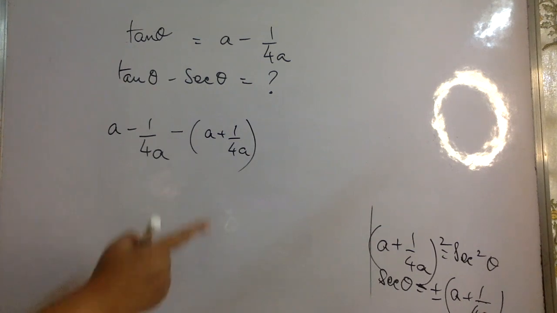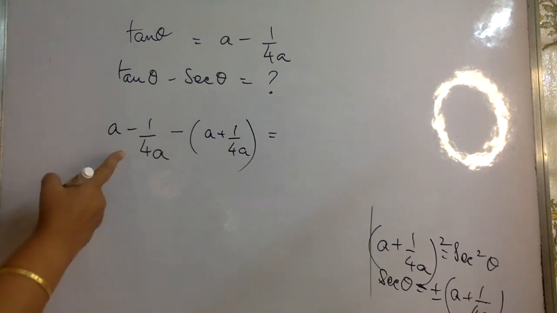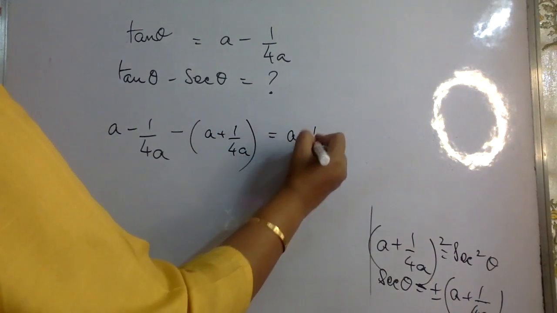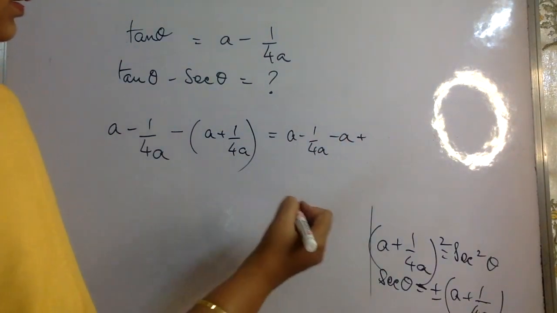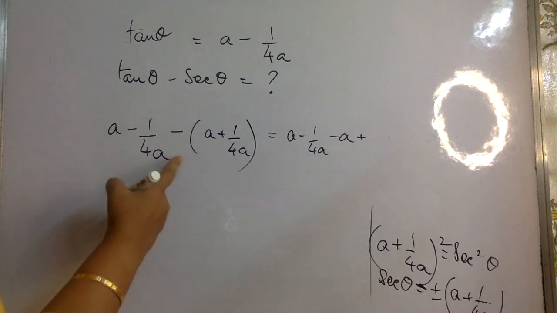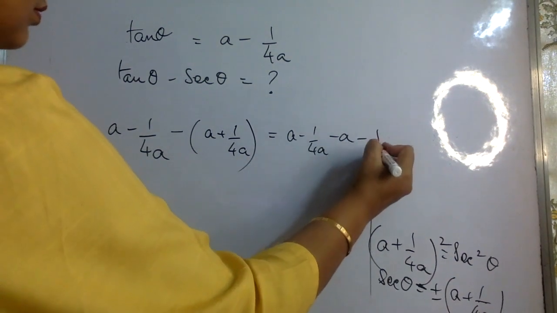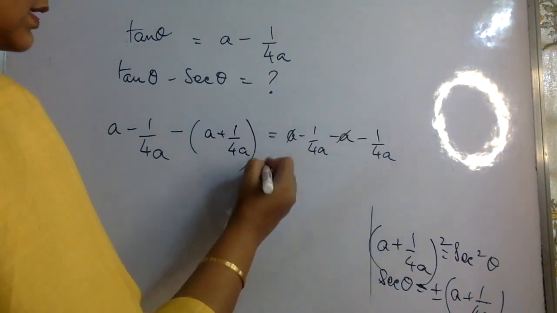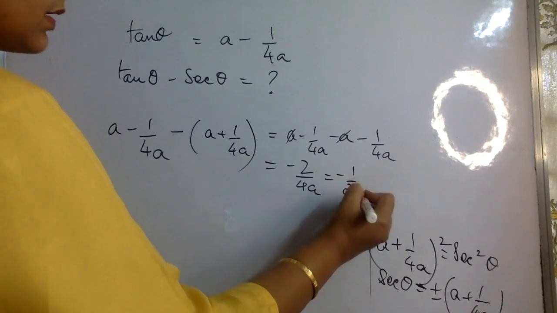I have picked up a plus 1 by 4a from there. So that is equal to how much? a minus 1 by 4a minus a, again minus 1 by 4a. This cancels, minus 2 by 4a, that is minus this.